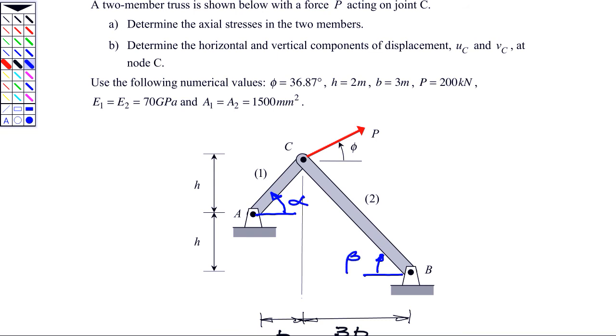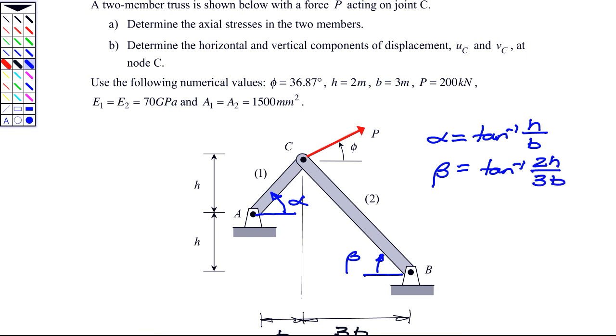From the figure we see that the angle alpha is the inverse tan of the opposite side of that right triangle, which is H, divided by the adjacent side, which is B. Same way for beta. That's going to be the inverse tan of the opposite, which is 2H, and the adjacent side, which is 3B.